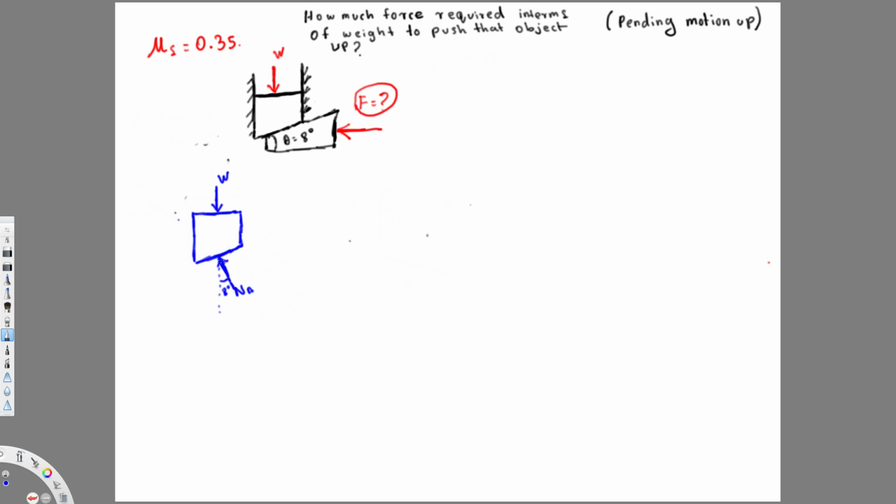Then we can say there's a reaction force acting on it. So reaction force, let's put it this way. This is R1, reaction 1, and I have to calculate this angle. The angle we can calculate simply by using the coefficient of static friction. We have this one here, so we can use theta.